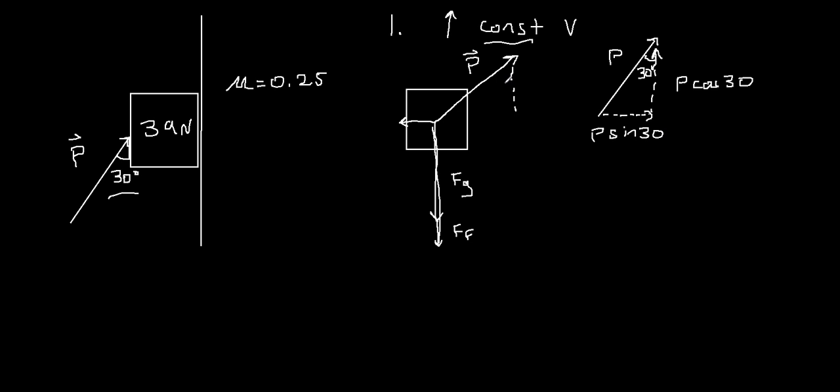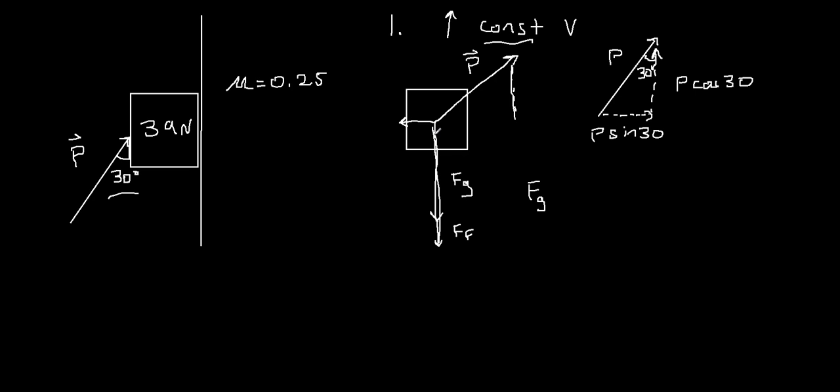Okay. So you know that your vertical component of P cancels out with force of gravity and force of friction. So we can make them equal. Sometimes some teachers like you to make it force of gravity plus force of friction plus this component equals 0, but then you have to worry about them being negative, and I guess it's a matter of choice. Whatever you want, right? Whatever works.